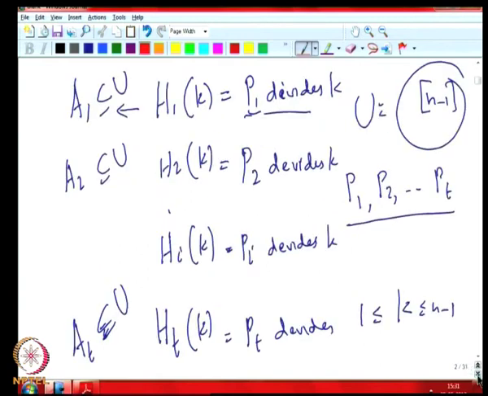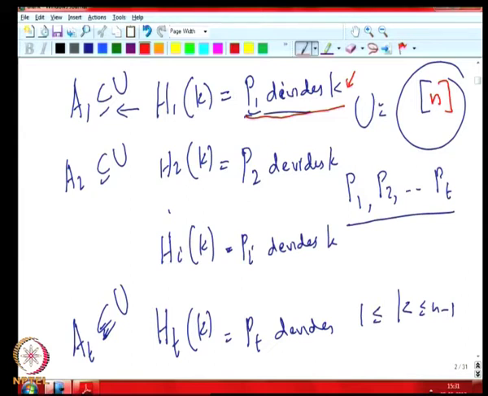So here the universe let us take as n. As I told you, as far as the numbers which do not have a common factor with n, that means the relatively prime numbers, whether you take up to n minus 1 or n, it does not matter, because n will not be relatively prime to n. But on the other hand, when we define these properties, the problem is that we are saying P1 divides k. Now it depends on whether you take the universe as n, in which case n will definitely be in this set, and if you do not take n, then n will not be there.